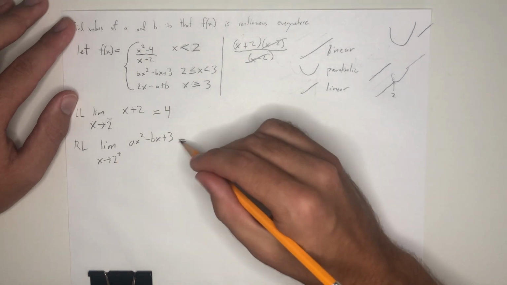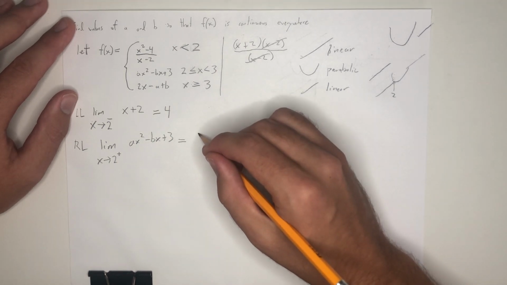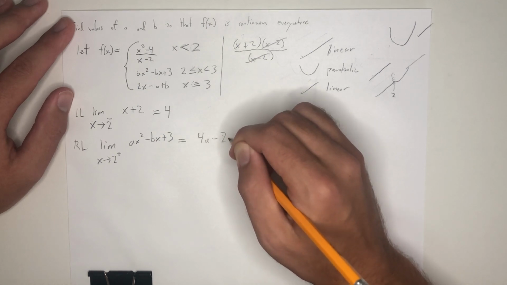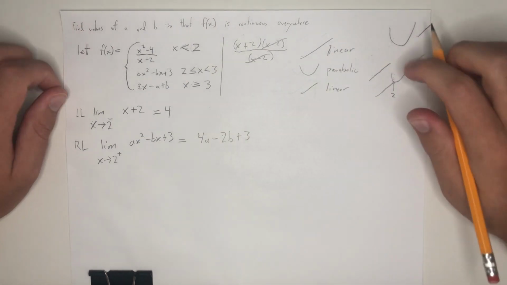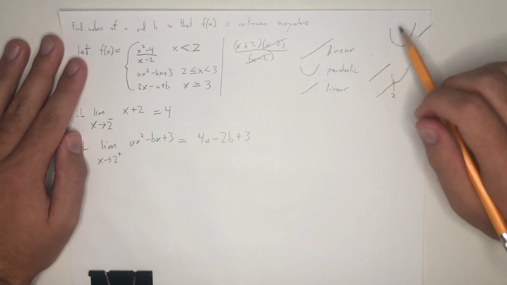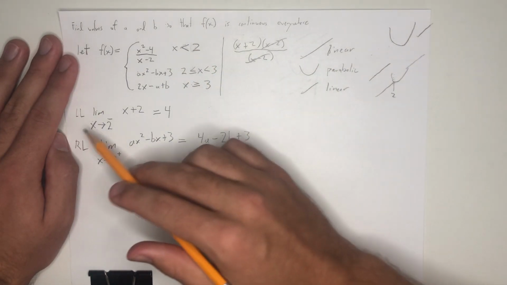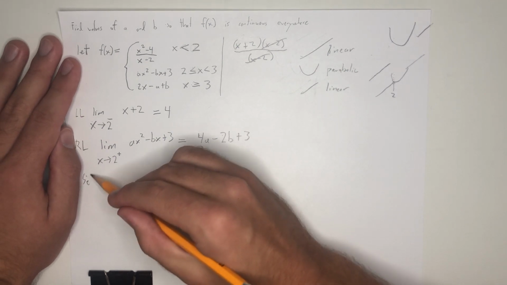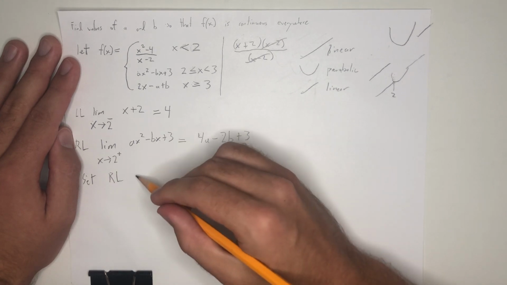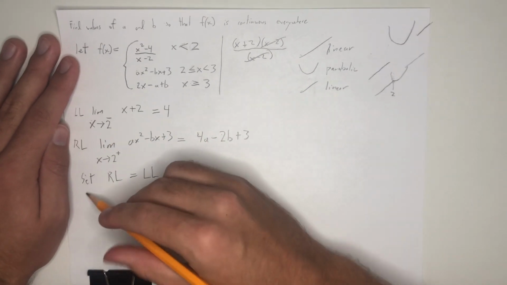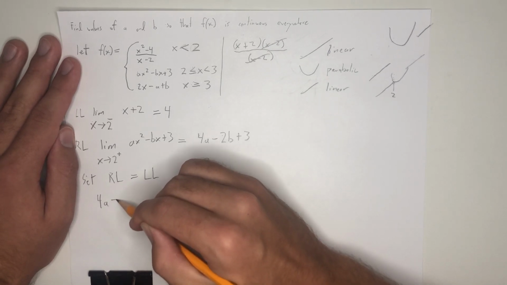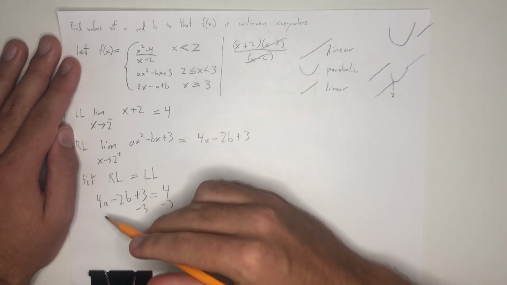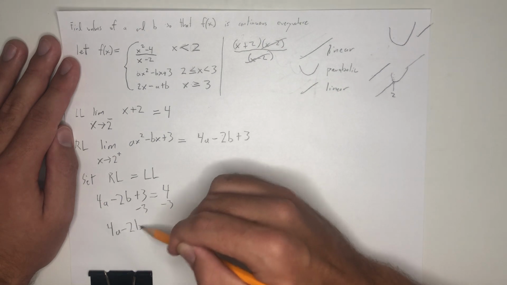We plug that in and we get 4a minus 2b plus 3. Because we want these to be continuous at this point, we set them equal: 4a minus 2b plus 3 equals 4. We want our variables on one side, so we get 4a minus 2b equals 1.